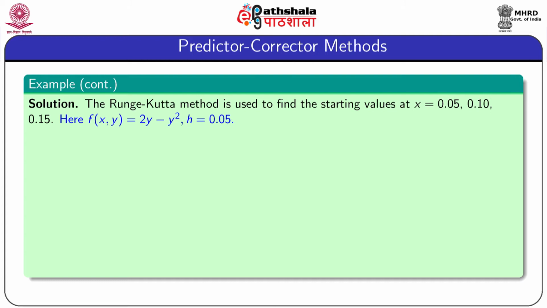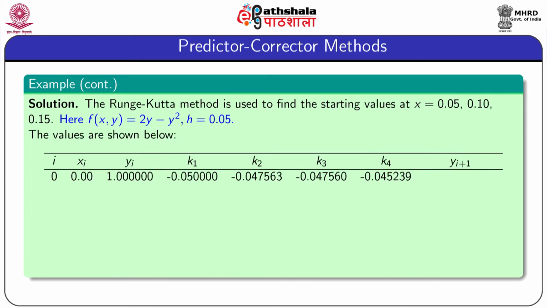Here the function f(x,y) is equal to 2y minus y squared and h equals 0.05. For these values, we apply the fourth order Runge-Kutta method to find the value of y1. The first row of this table represents the values of x_i, y_i, k1, k2, k3, k4, and using these we calculate y1, which is equal to 0.952419.